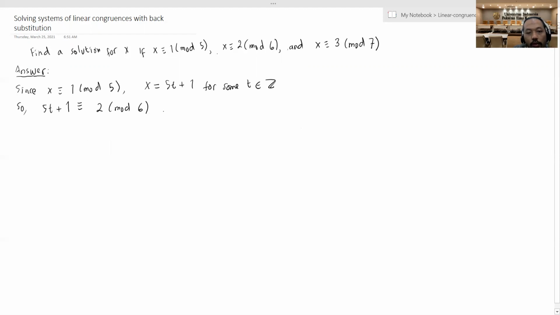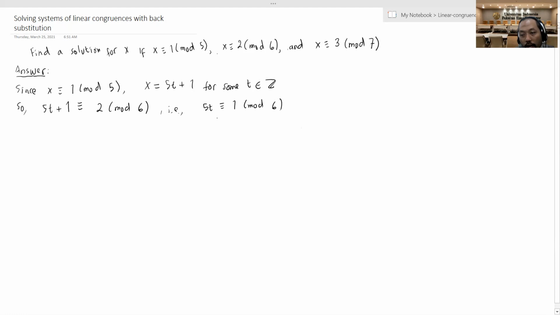In other words, 5t is congruent to 1 modulo 6. All right. Now, how do we solve for t then? From solving x, we move to solving t here. So what is t here?